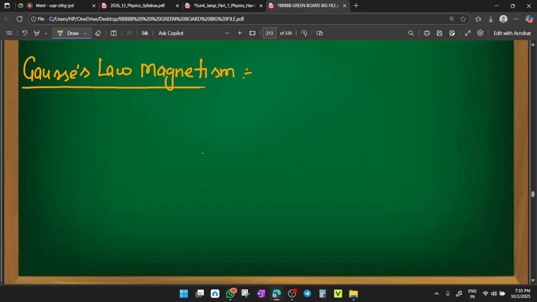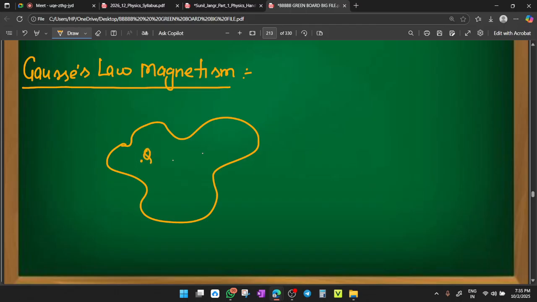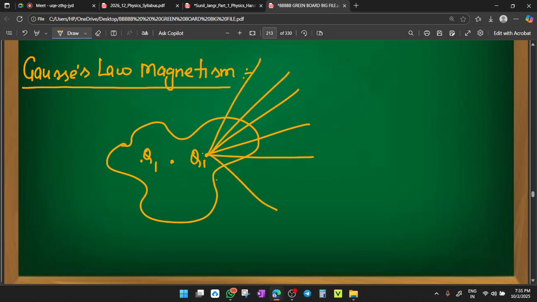What we have learned in electrostatics: there is an imaginary surface called the Gaussian surface, and some charges are there, q1, q2, like this. From these charges, if they are positive, electric lines of force radiate outside. The lines of force passing perpendicular to the surface are called electric flux in that chapter.